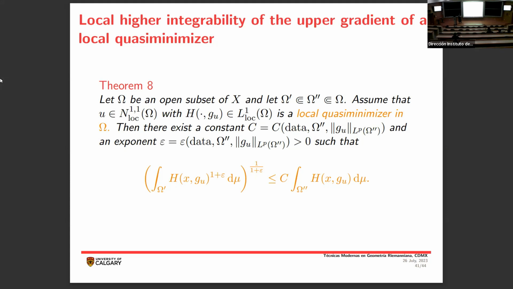And as you can see, we introduce some auxiliary domains. So we prove the reverse Hölder inequality in balls that are compactly contained in omega. And then the covering argument is given in terms of omega prime and omega double prime.